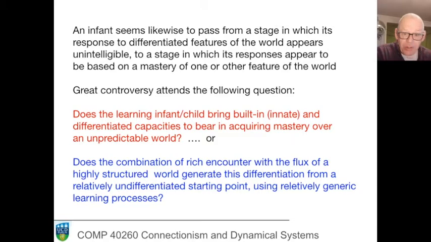And one question that unites these is, what form of learning mechanism might one appeal to in order to understand this emergence? Is the learning mechanism simply kind of a generic, perhaps attention-based kind of process in which infants simply attend to lots of things in the world, and the world then surprises them and induces changes? Or are the attentional capacities of the infant already highly differentiated?